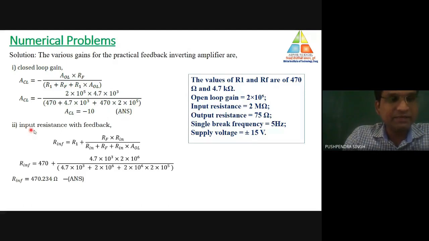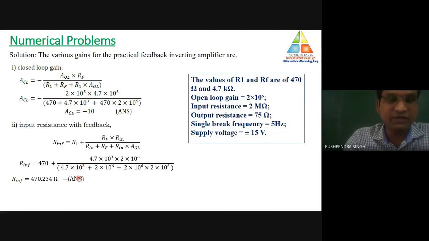Now the second parameter is input resistance with feedback. The formula for calculating the input resistance with feedback is R1 plus RF into Rin divided by Rin plus RF plus Rin into AOL, where Rin is input resistance, which is given as 2 mega ohm, RF is feedback resistance 4.7 kilo ohm, R1 470 ohm, and AOL, open loop gain, is 2 into 10 to the power 5.